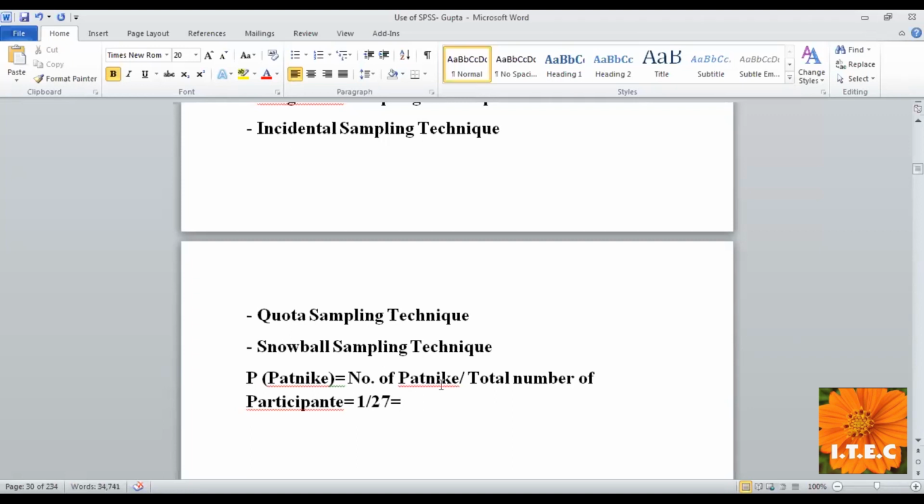But suppose the total number of participants is unknown, then can you calculate the probability of selecting Patnaik?